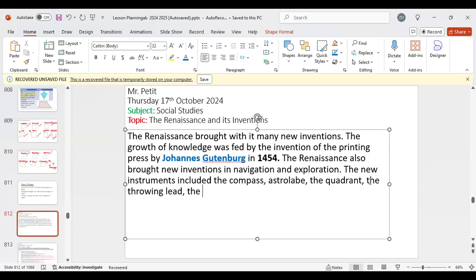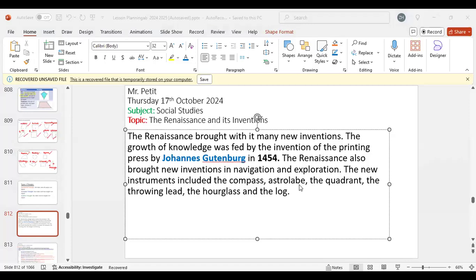The hourglass. The log. Say it again, Natasha. The caravel. She's right.